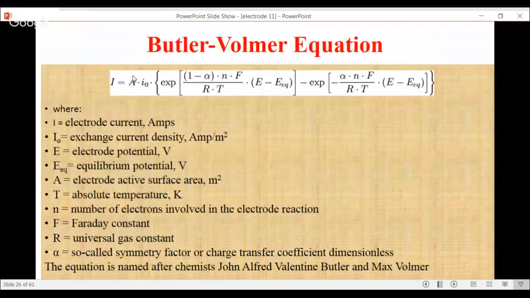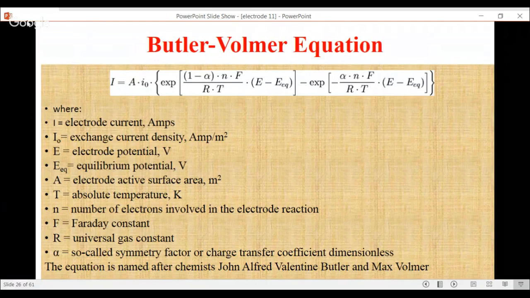Now we have already talked about it. The current I is the current, not the current density. Current is equal to A, the area of the electrode, I0, the exchange current density, into exponential 1 minus alpha NF by RT into E minus E equilibrium, minus exponential minus alpha NF by RT into E minus E equilibrium.